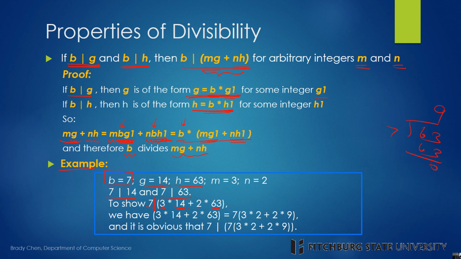So we take 14 multiplied by any number, in this case 3, and 63 multiplied by any number, in this case 2, and then 7 divides this one. So it's pretty simple. We can write this as 7 times something. We can actually take the 7 out as a factor. So 7 divides this number, right?